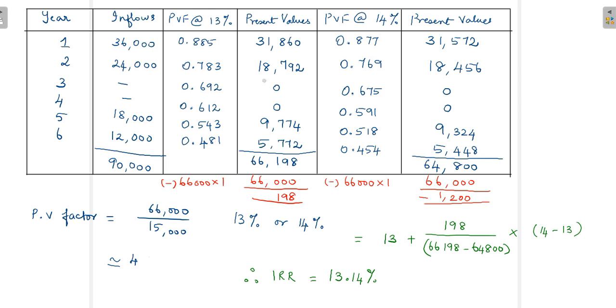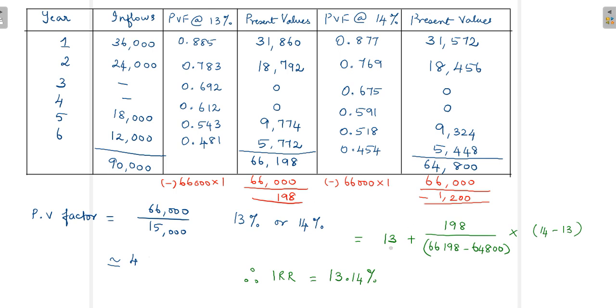So for 13% and 14%, you write down the PV values and multiply them with inflows. Find the total present value of cash inflows and subtract the present value of the cash outflow. So here one is positive and the other is negative.